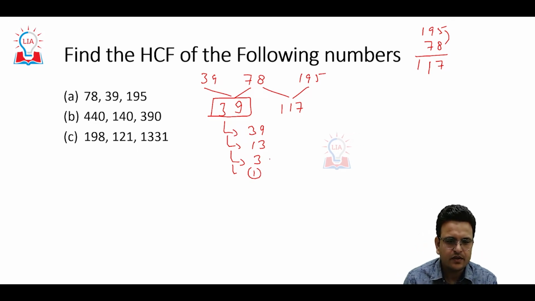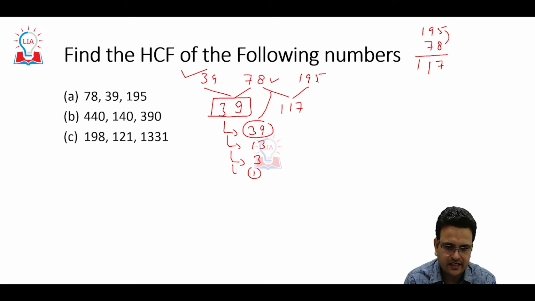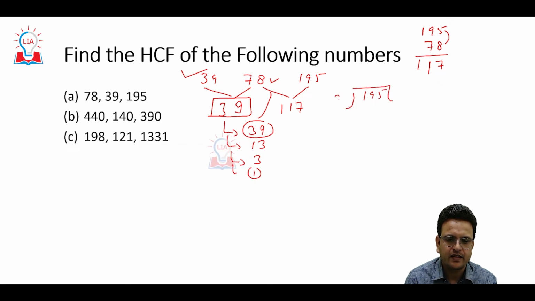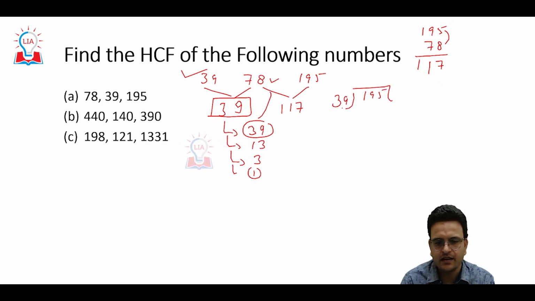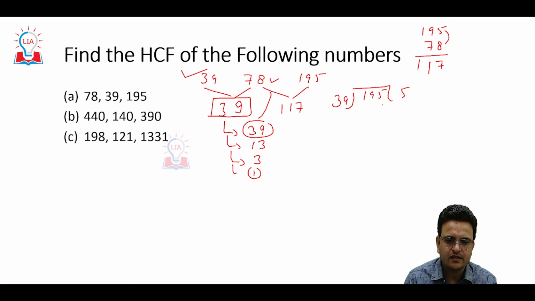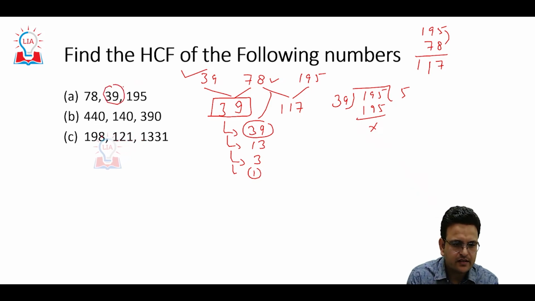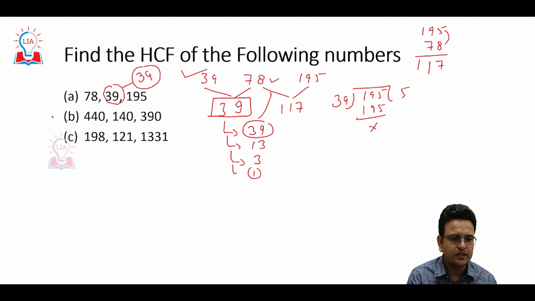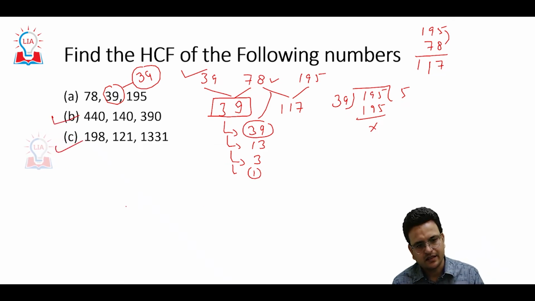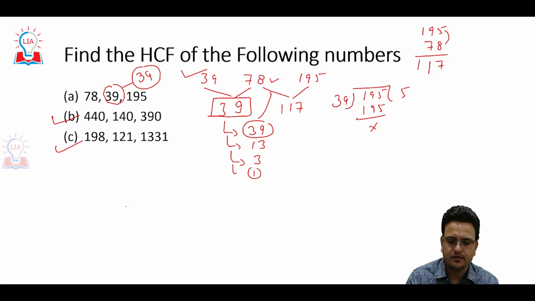So first thing is to see if 39 can divide this number, and this number also. 39 can divide 195: 5 nines are 45, 5 threes are 15, and 4 carry 19. So the answer will be, for this, HCF will be 39. In that way, try to solve these two questions also, and give your answer in the comment box.